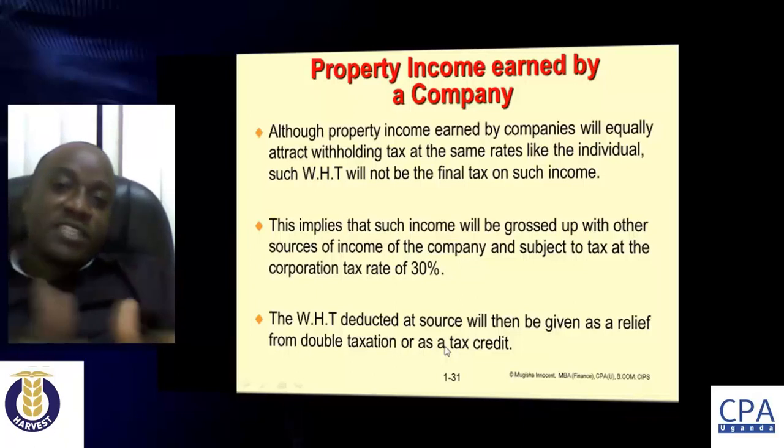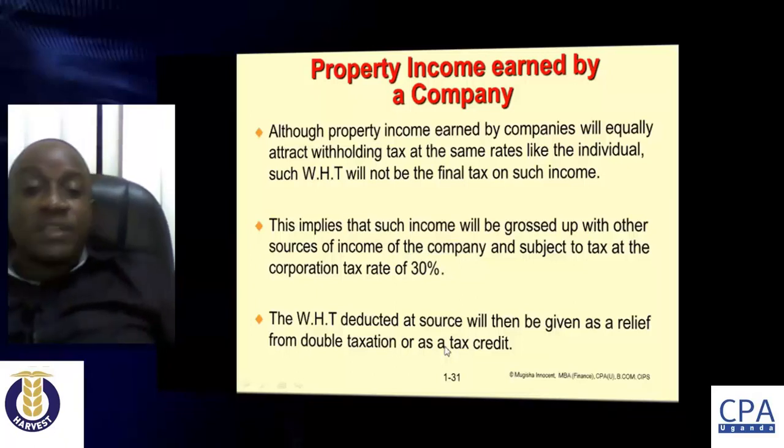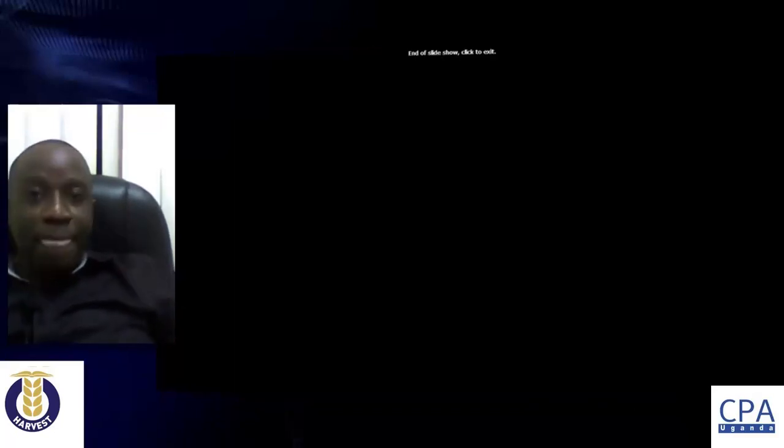So before I take the check to URA, I'll ask myself how much has been removed as withholding tax. I deduct that and then take the balance to URA. That is very, very interesting. So we are going to see all these in the exam, but of course, I want you to note these very, very unique special treatments before we move into the exam type question.